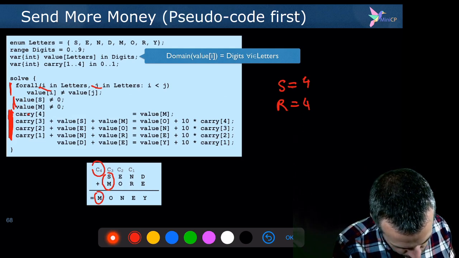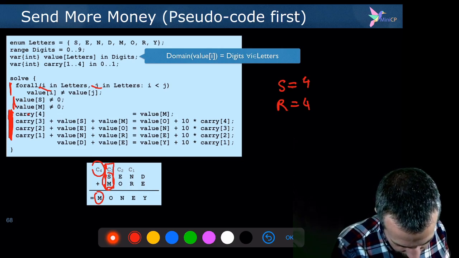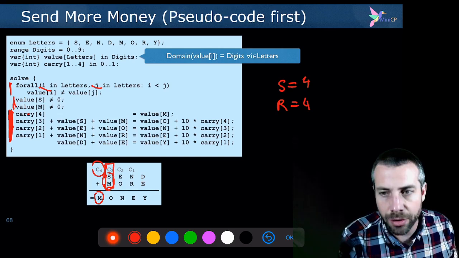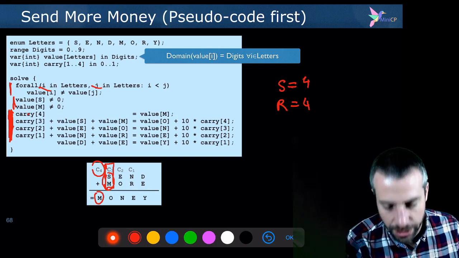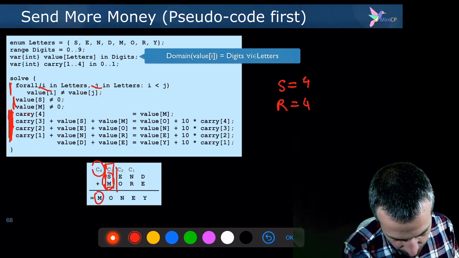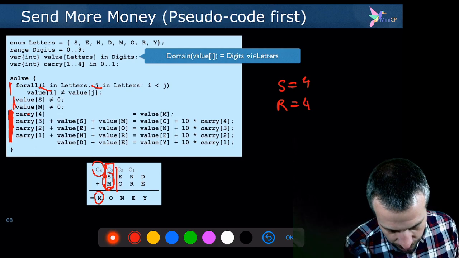So you say the carry 3 plus the value of S plus the value of M, all of this is equal to the value of O plus 10 times the carry 4. This is really the traditional addition rules that you enforce here, where you link the carry with the previous additions. You enforce all these rules.